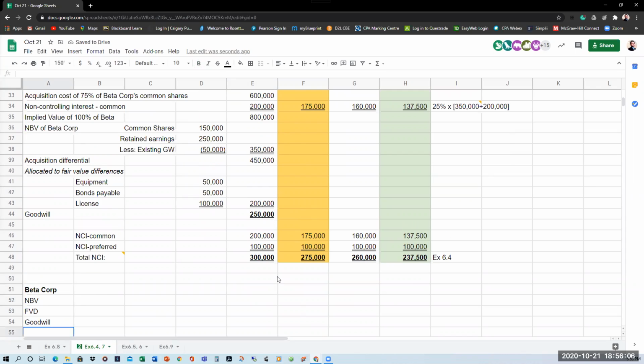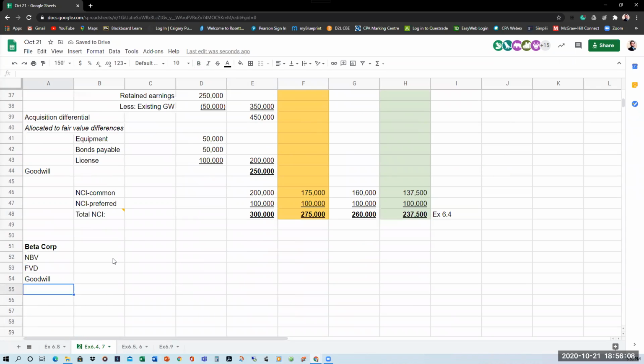So we just determined net book value is 350,000. Fair value differences are 200,000, and goodwill, we said, is 250,000. That's what gave us a total of $800,000 in valuation for Beta Corp, right? That's the total.